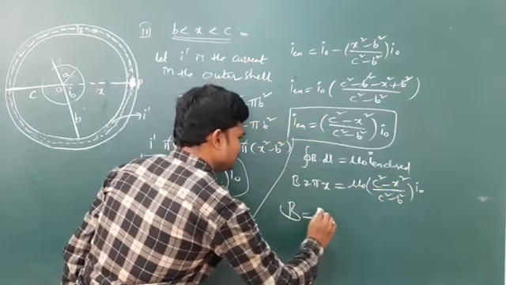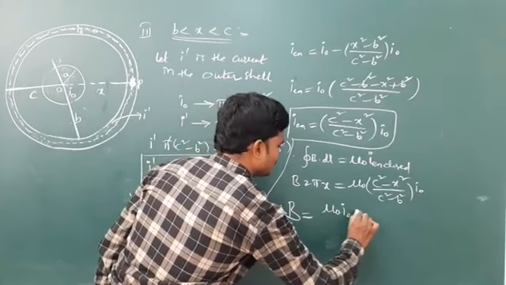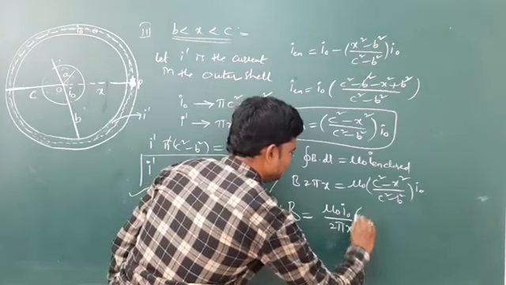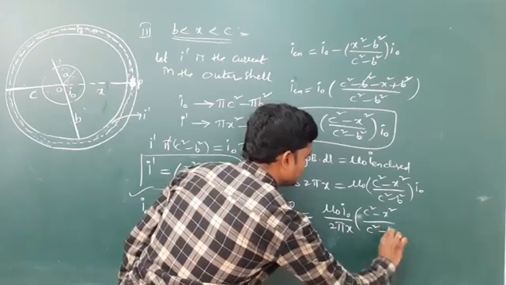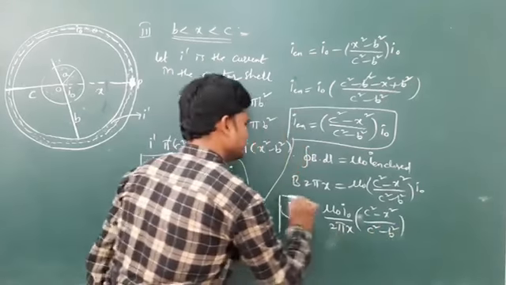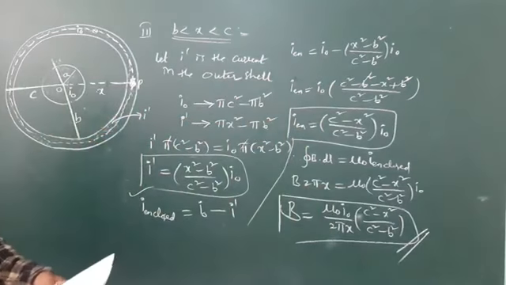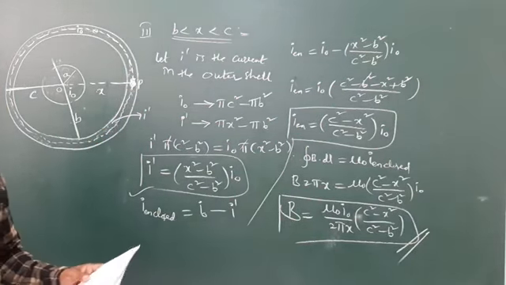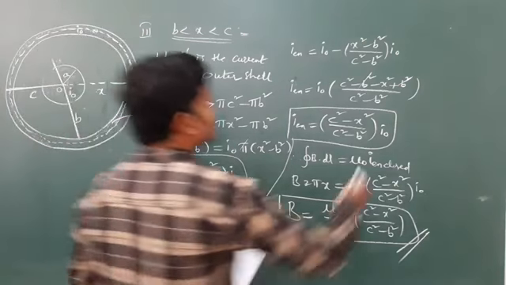Now the field is mu naught I naught over 2 pi x, times c square minus x square over c square minus b square. This is the required answer.